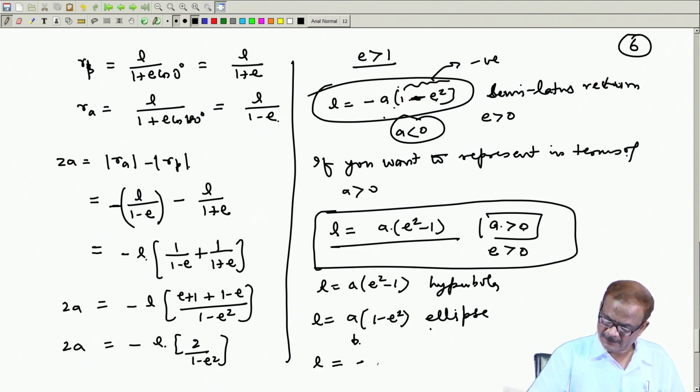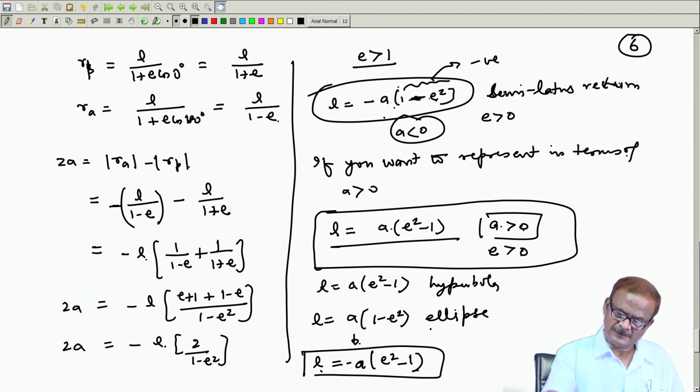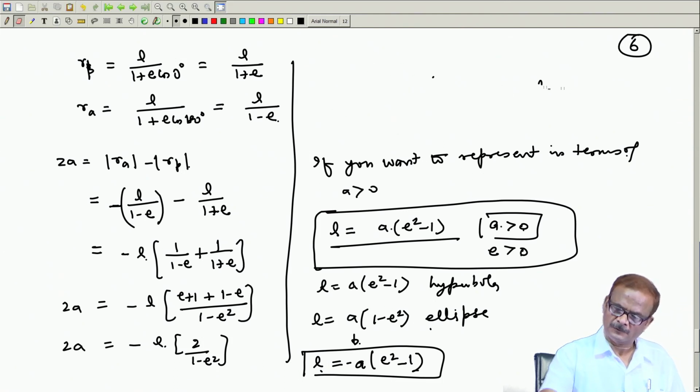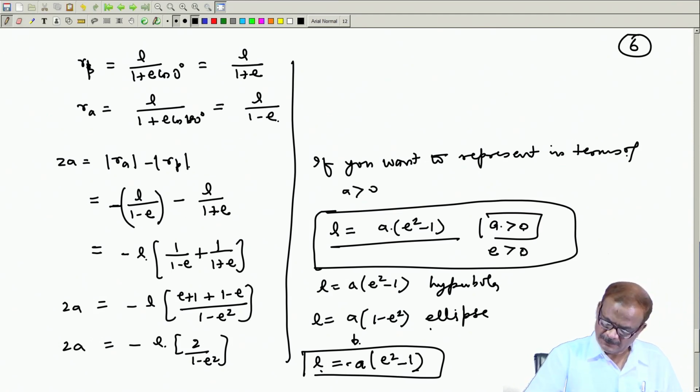and if we want to change it, so we have written it as minus a times e square minus 1. So, here we need to correct this part, otherwise it will be confusing. So, we will follow this scheme. Here in this case, this a is less than 0 in this part.